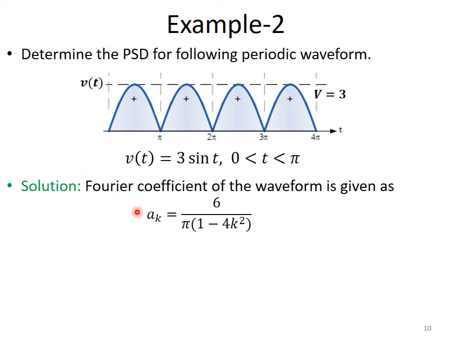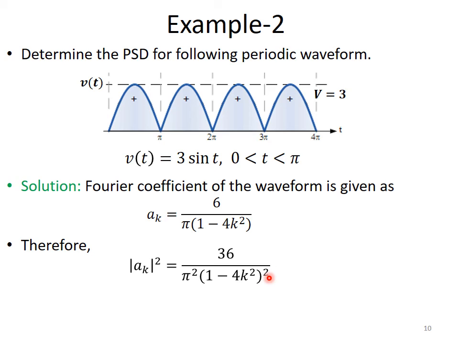We know that ak is equal to 6 upon pi times 1 minus 4k square. We have already solved this example in lecture number 15 and 16, so if you want to know how we determine ak, please refer to this lecture. Now the PSD is simply the square of the magnitude of this, which would be 36 upon pi square times 1 minus 4k square whole square.